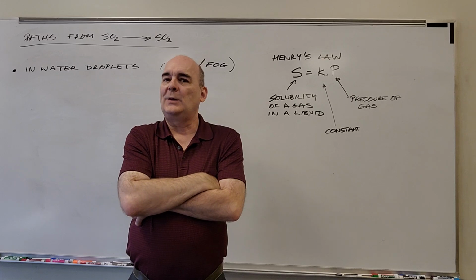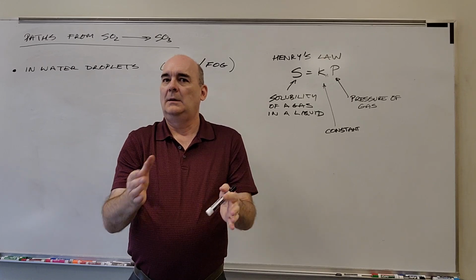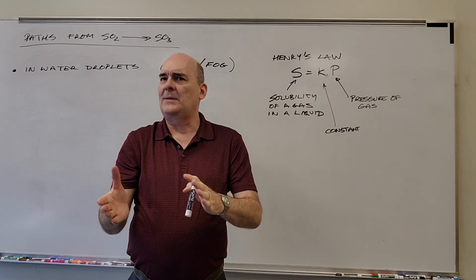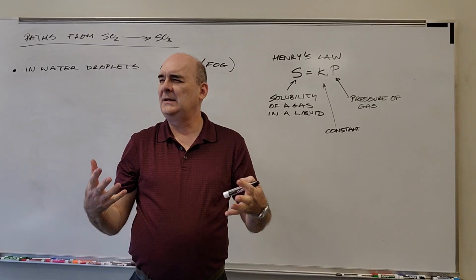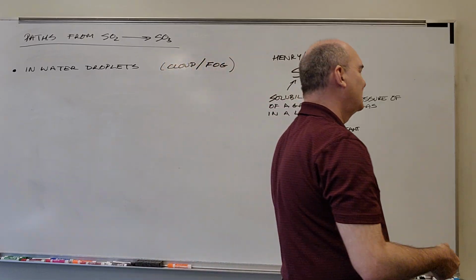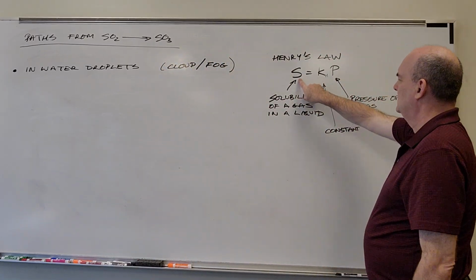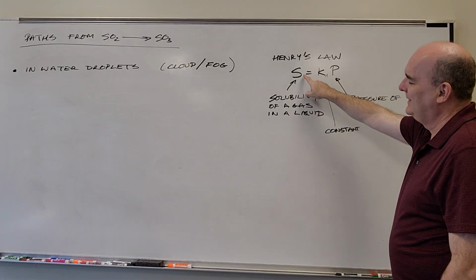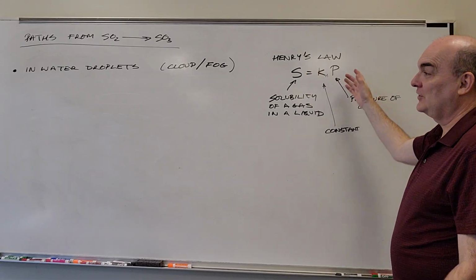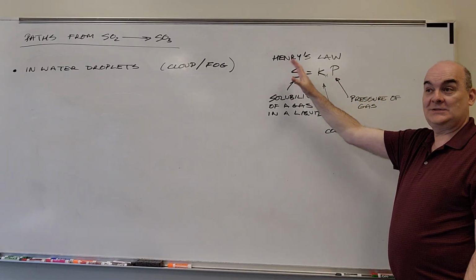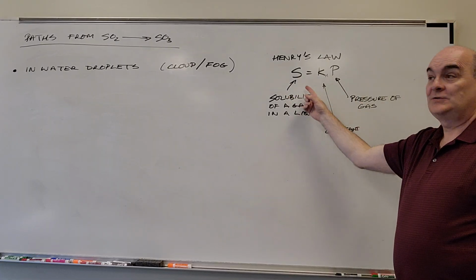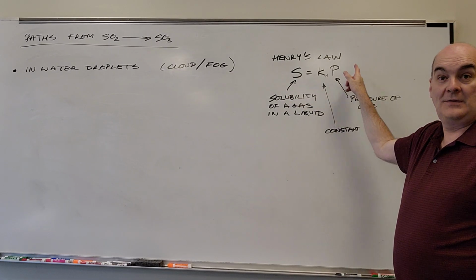But once I know the value of K, then I do something that is abundantly obvious. Solubility and pressure are both on the same line. So when this number gets big, that number gets big.